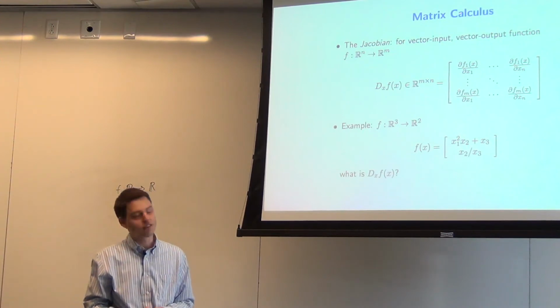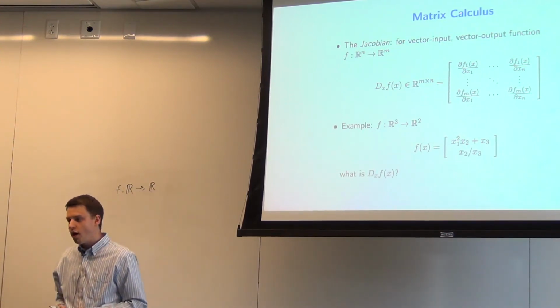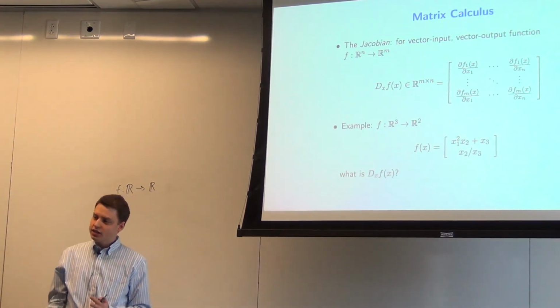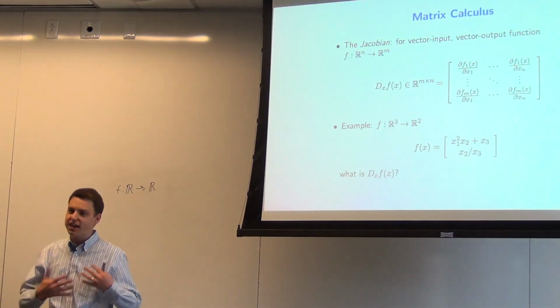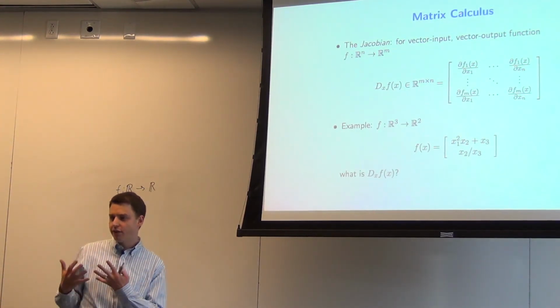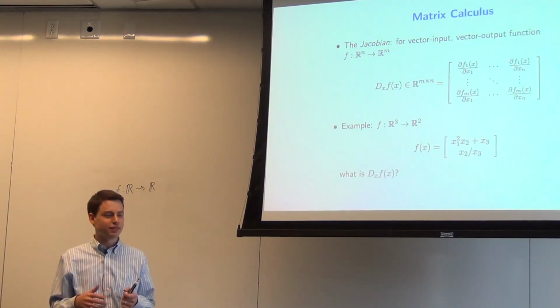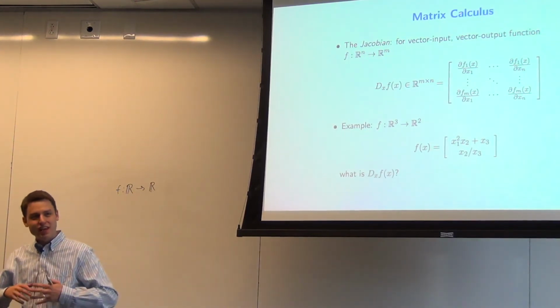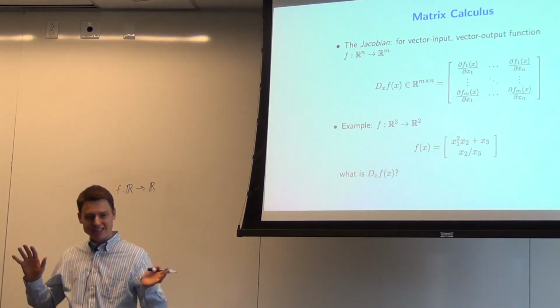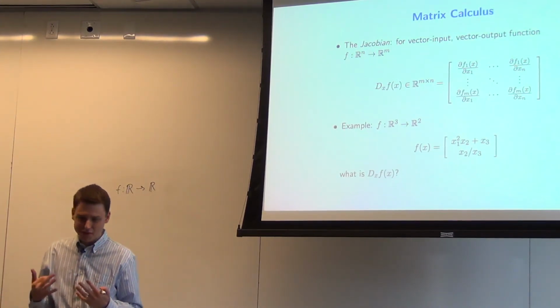So we have all these things. But we now want to define analogs of derivatives, and maybe second derivatives, for vector-valued functions. Actually, we'll just worry about functions that take vectors as inputs. We won't worry about things that take matrices as inputs.